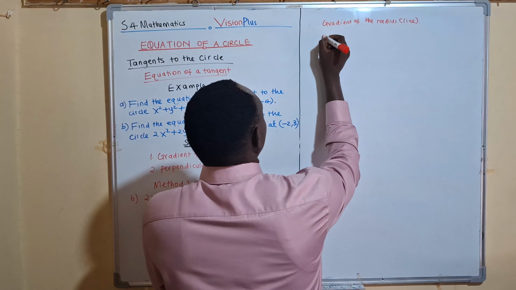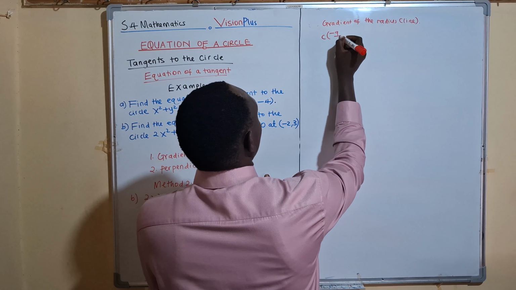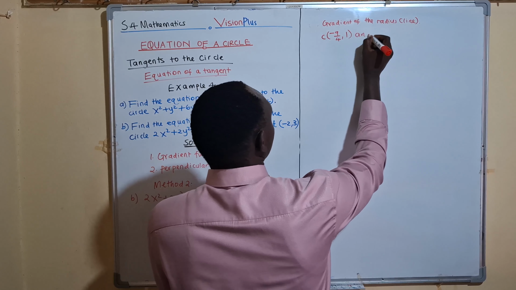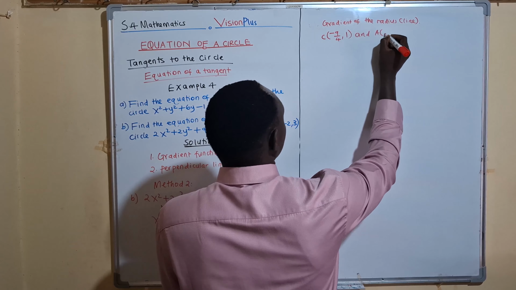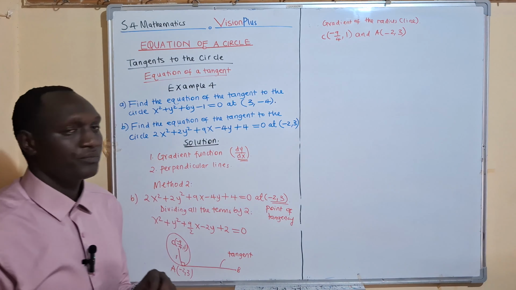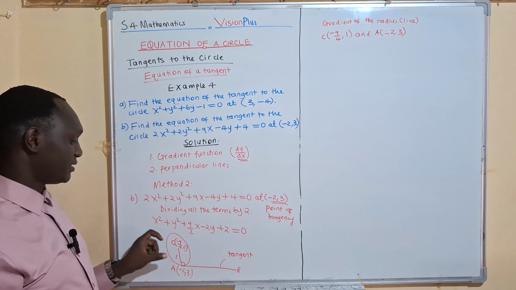So the points are (-9 out of 4, 1), and then the point of tangency that we called A, (-2, 3). Those 2 points can give us the gradient of the radius.